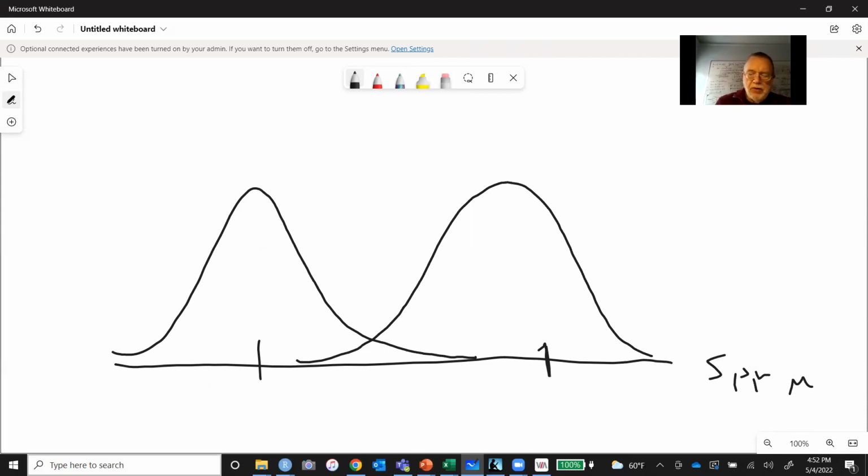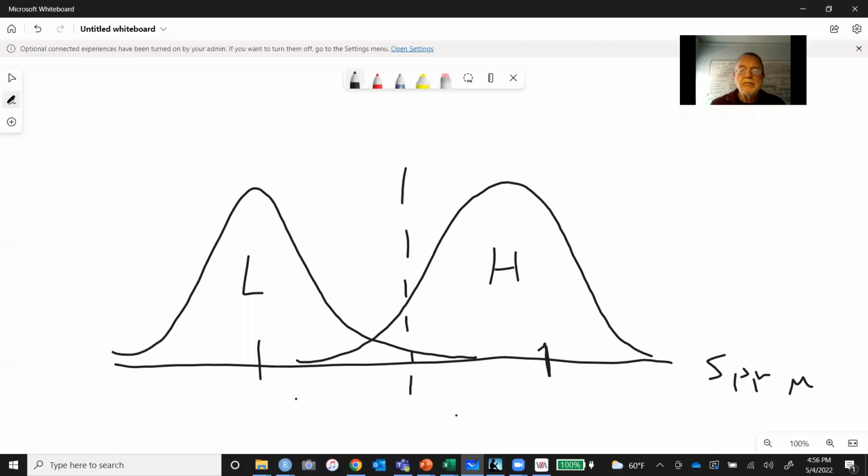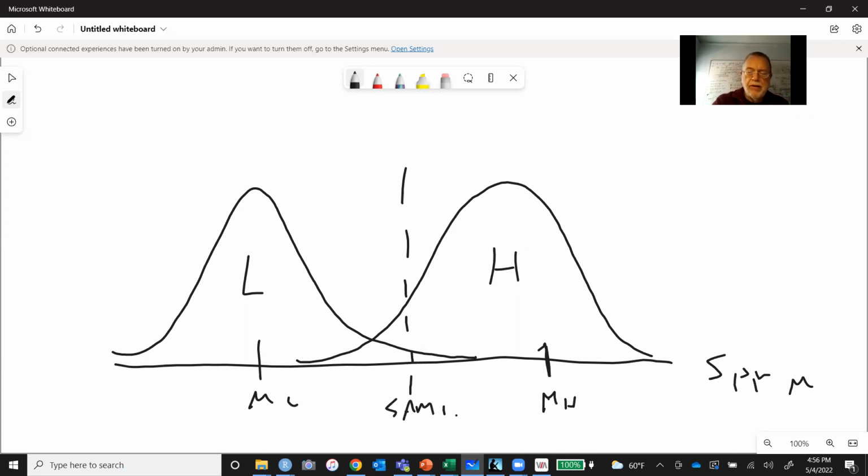And one more thing I want to put into this. I've drawn here's the low mu, here's the high mu, and here's the sample. Here's what we observe with a spread. And suppose it's a little bit closer to that mu, to the high.